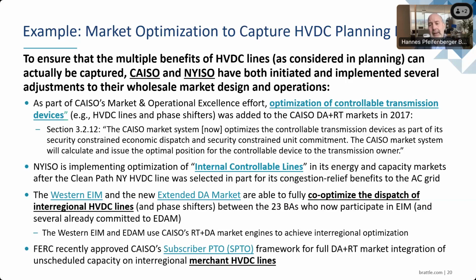And on top of that, CAISO has recently approved by FERC its subscriber PTO framework, which is a framework that can automatically utilize any unscheduled merchant transmission capacity and optimize that into the market and compensate the merchant transmission owner for such market use and market optimization. Very exciting developments that we hope will spread to other system operators, particularly in the East, where many HVDC lines are being proposed by merchant developers. So where does that leave us?